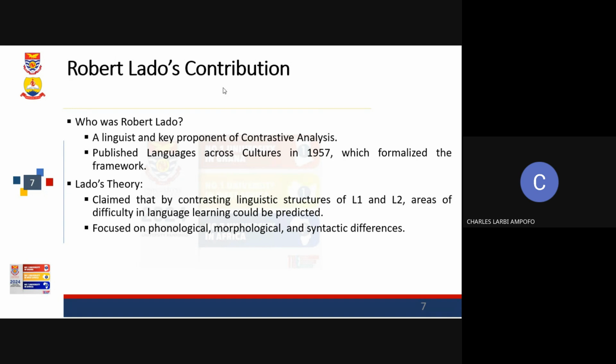Can you guess the origin of this name? Is there anyone? Nobody. Okay, so let's proceed.